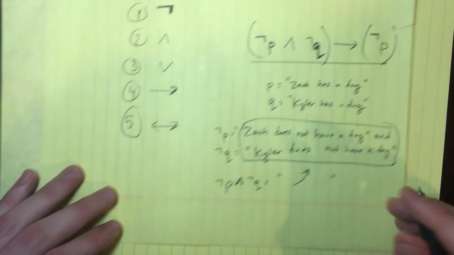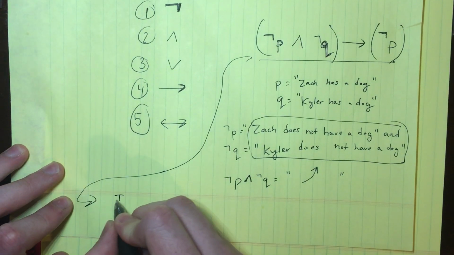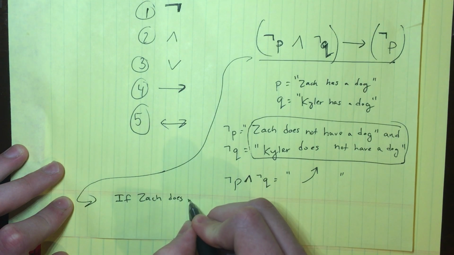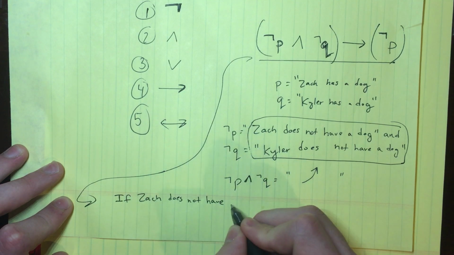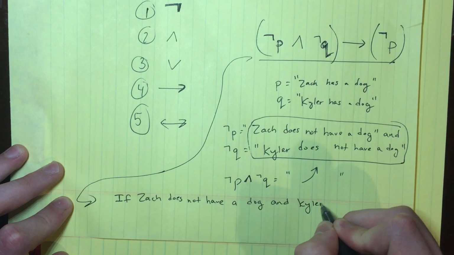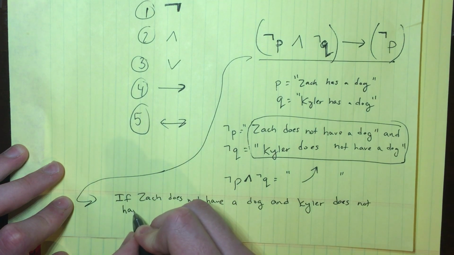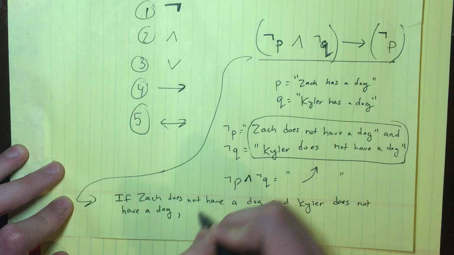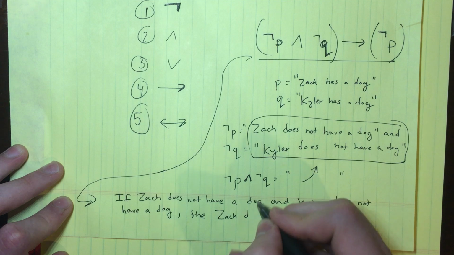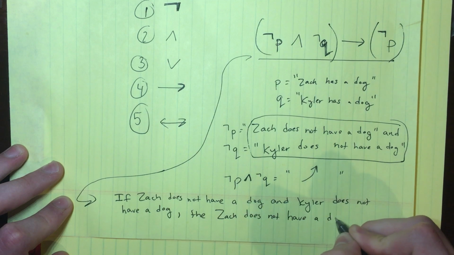And then for this whole statement, you would write: if Zach does not have a dog and Kyler does not have a dog, then Zach does not have a dog.